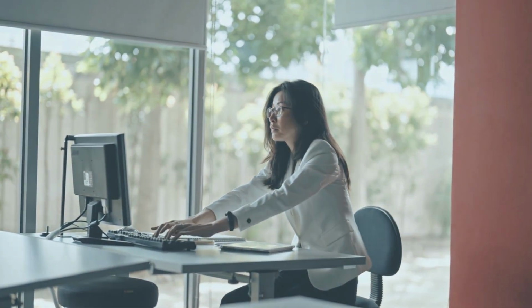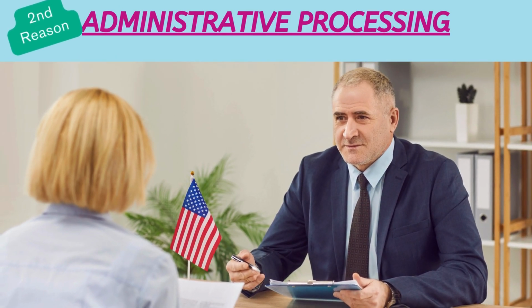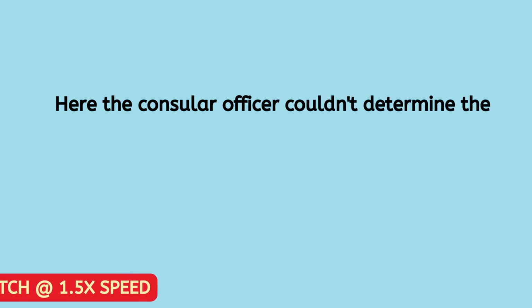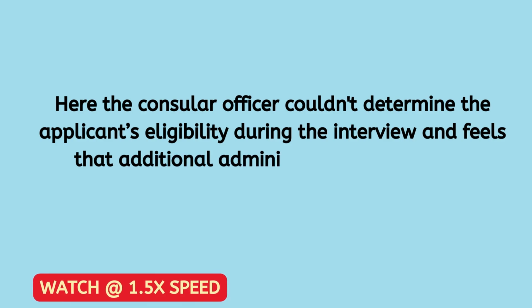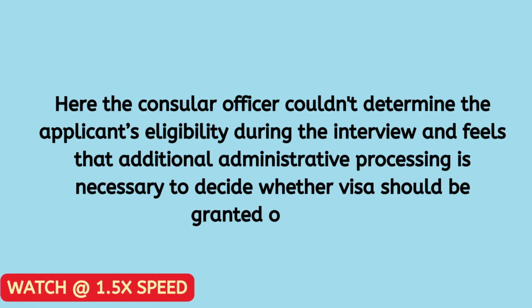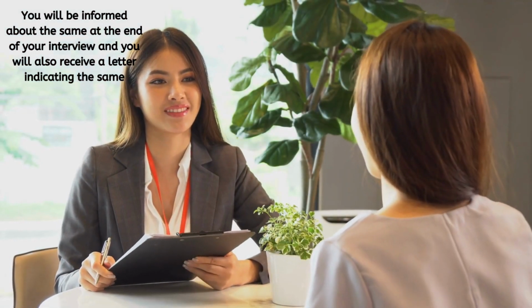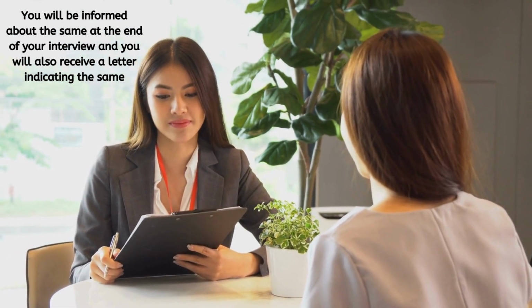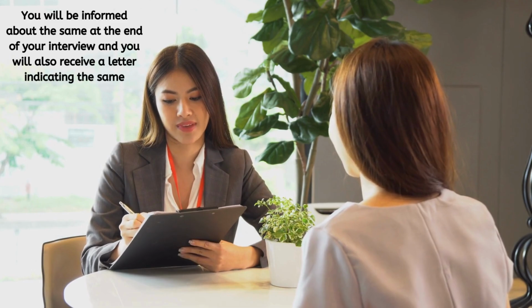The second reason is administrative processing. What it means is that if the consular officer couldn't determine your eligibility during the interview and feels that additional administrative processing is necessary to decide your case, then your visa will be denied. You will be informed about this also at the end of the interview, and you will receive a letter indicating the same.